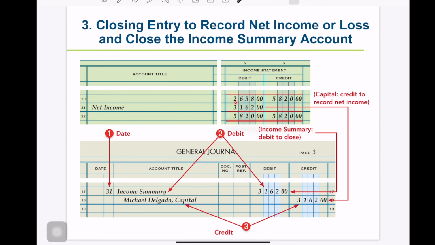Okay, so we're taking this amount and we're going to put it in our capital account. Since it is a net income, it's going to increase capital. So to increase capital, you have to credit your capital account. Okay, and you can see this goes down here. The account that we are going to debit is our income summary. So we're going to take it out of our income summary and put it into our capital account. And the amount that is in our income summary right now is our net income.